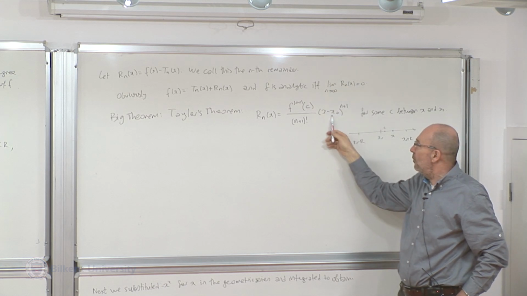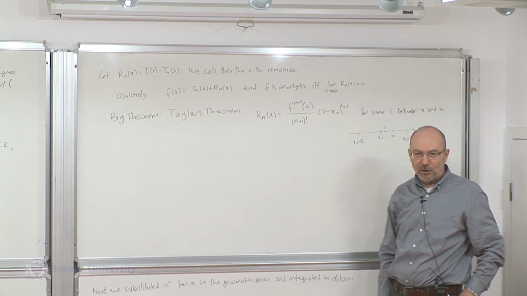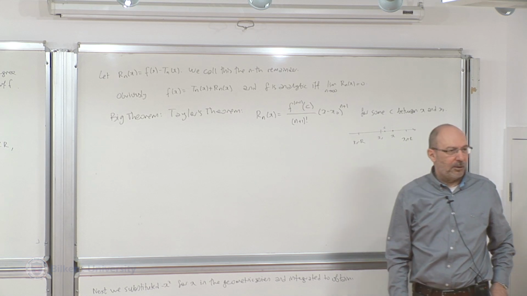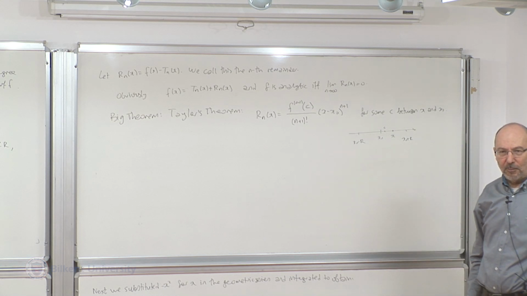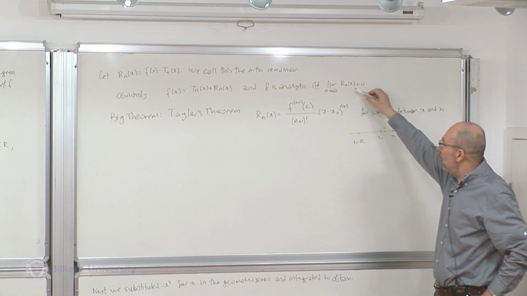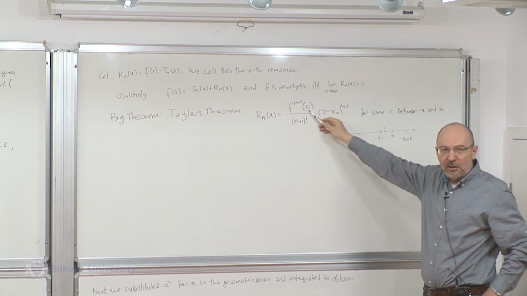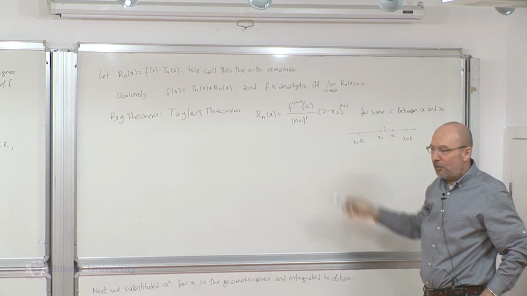Then you have a number raised to the power n+1 divided by (n+1) factorial. This is one of the sequences that looked awkward, but we did it anyway. We found that this always goes to 0 as n goes to infinity. So the remainder goes to 0 if the nth derivative is bounded for every n.